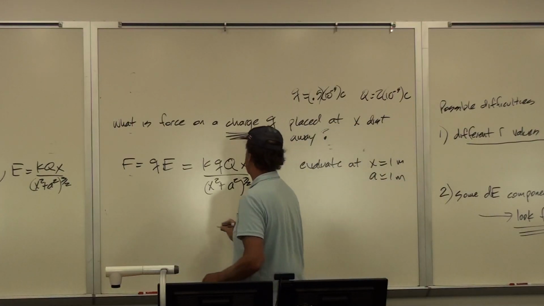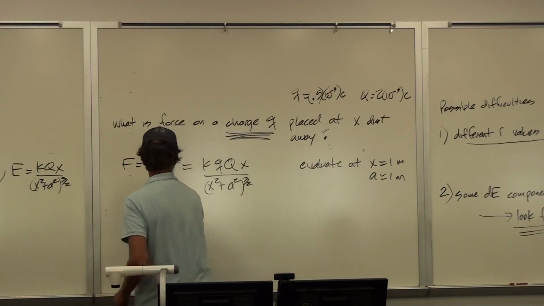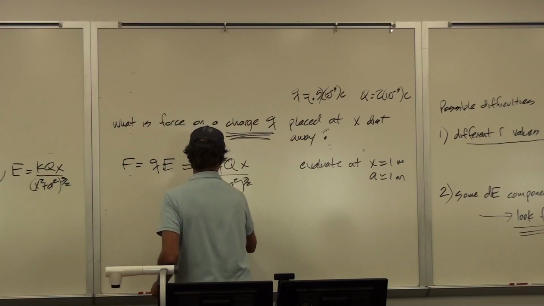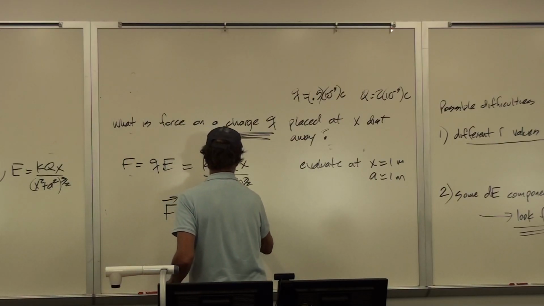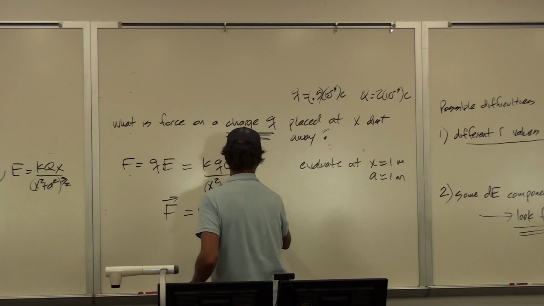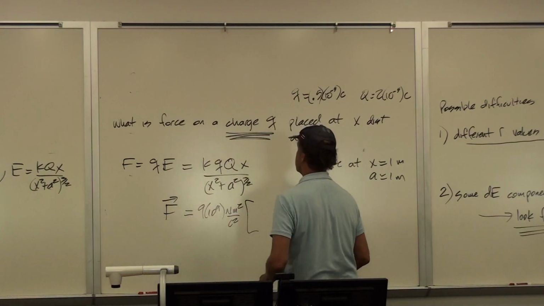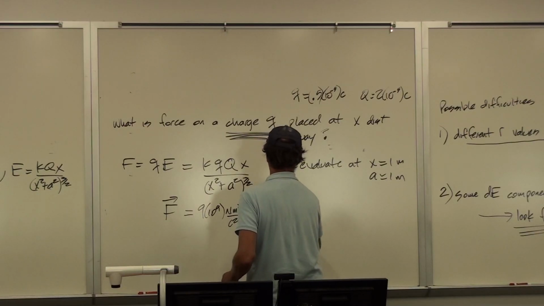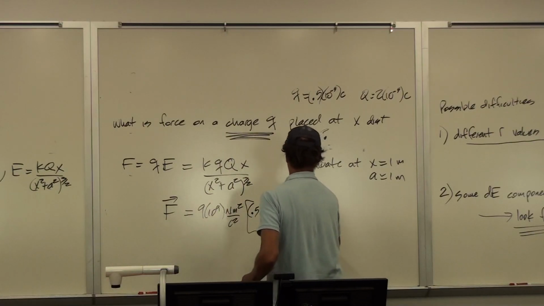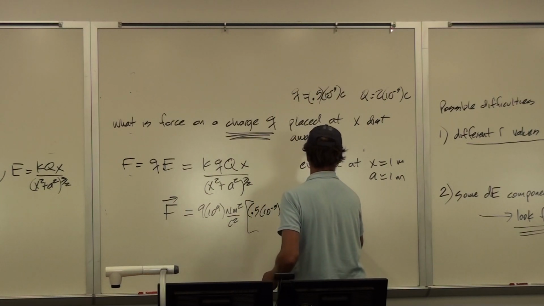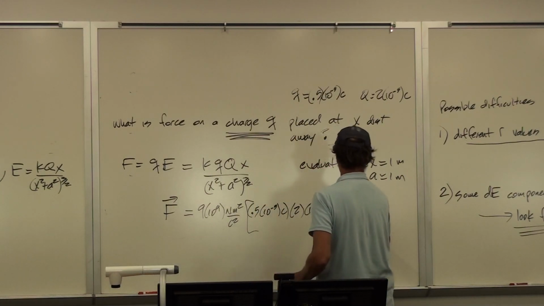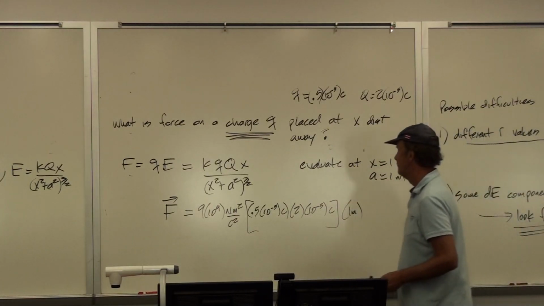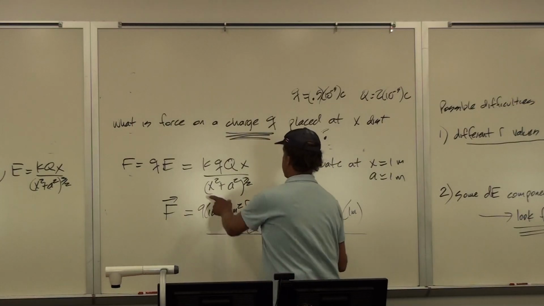Then I can figure out the magnitude of the force as 9 times 10 to the 9 newton meters squared per coulomb squared times the product of the charges, 0.5 times 10 to the minus 5 coulombs times 2 times 10 to the minus 5 coulombs, times x, 1 meter, divided by this distance squared.